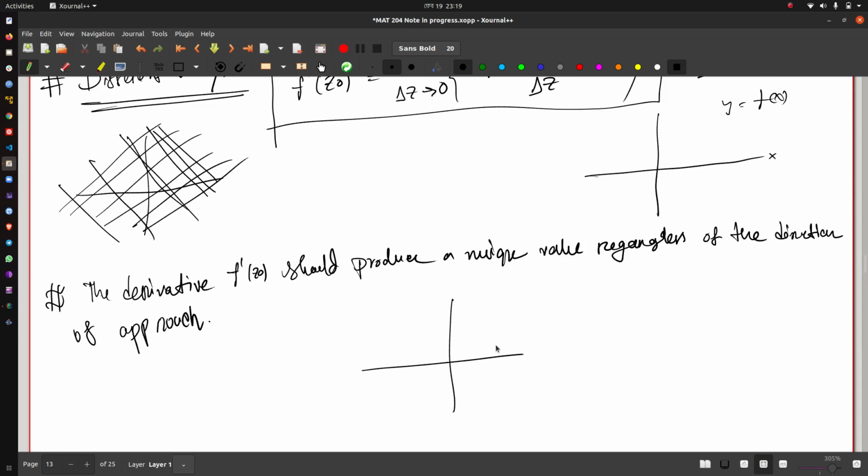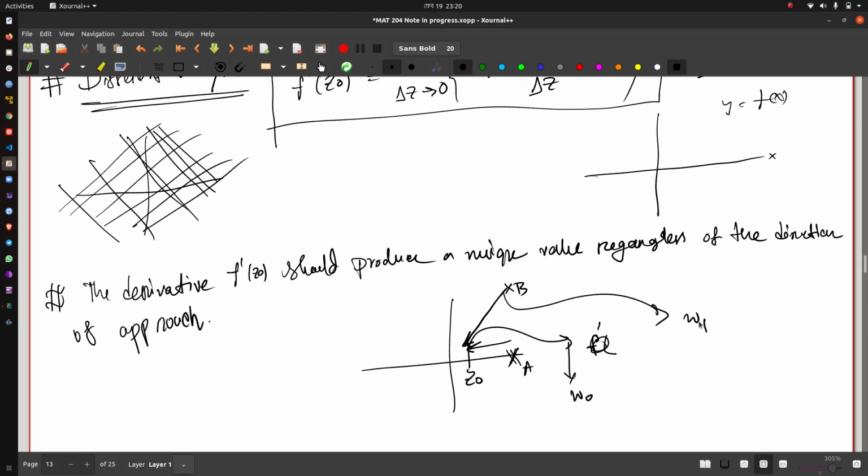Let's say this is our plane. You are starting from here, let's say this is point A, and you are going towards this point z0, and let's say you get some value, let's call that value w0. And let's say your friend starts from here, point B, and he is approaching this z0, and let's say he is getting another value w1.